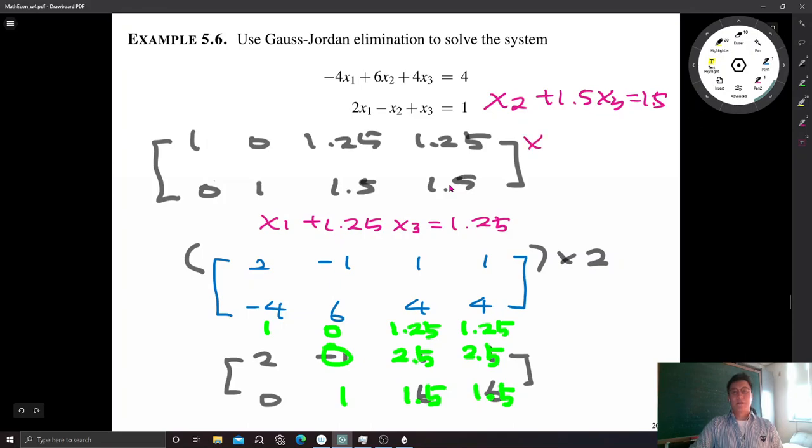So x2 is 1.5 minus 1.5 x3. So we can anticipate there are infinitely many solutions to this system, right? For each value of x3, we have a different x2 and x1, and there is no restriction on x3. So we have infinitely many solutions.